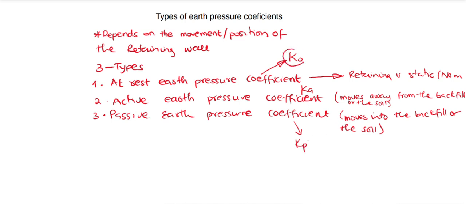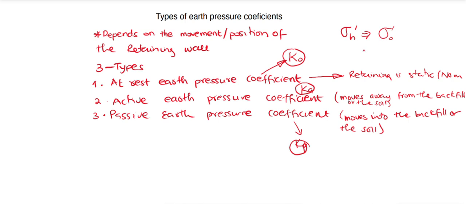Now remember the reason why we are looking for these earth pressure coefficients. We are looking for them because we want to find our lateral stress, because we indicated that it's very difficult to find lateral stresses as compared to the geostatic stress, as compared to this guy. You get it?